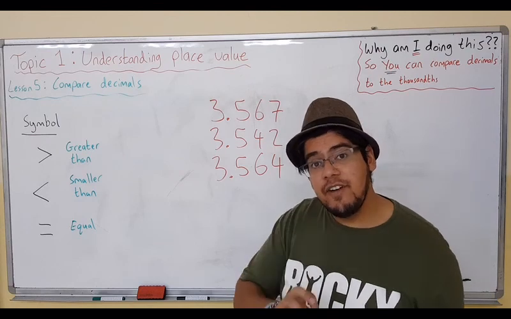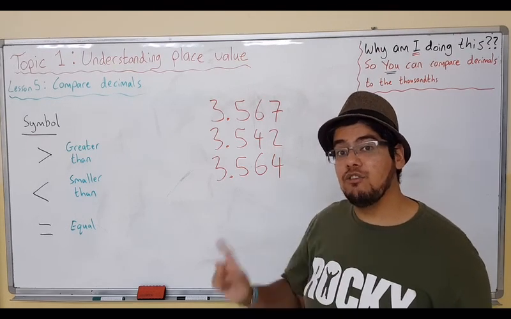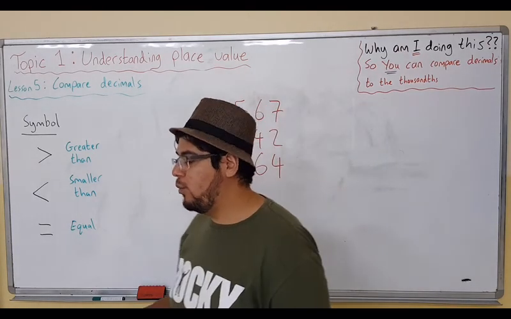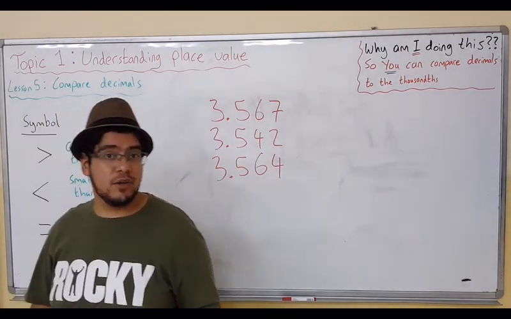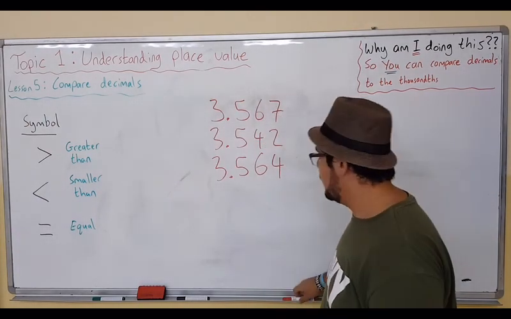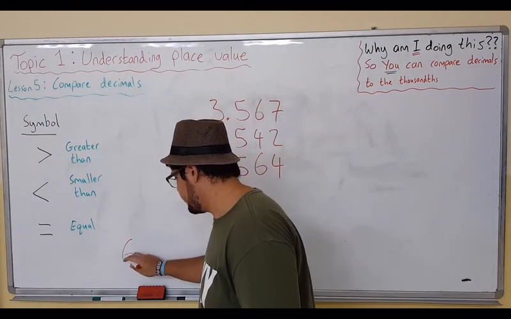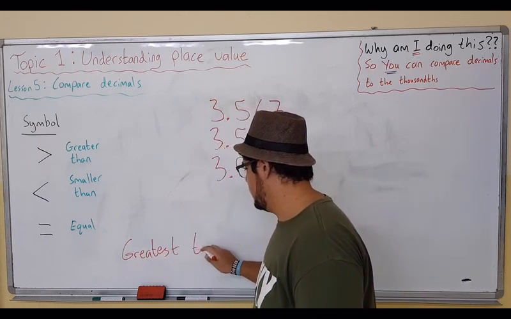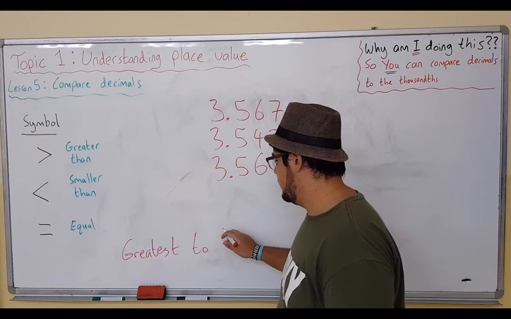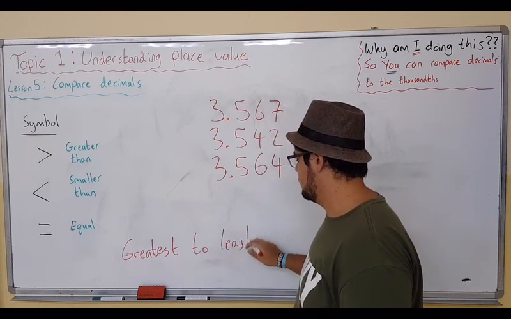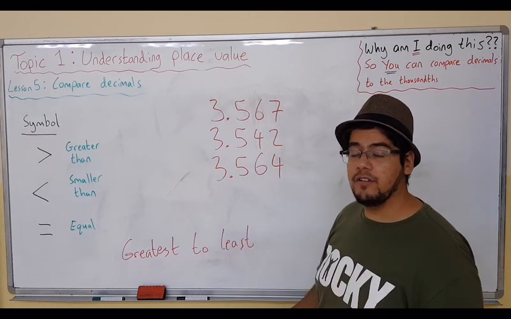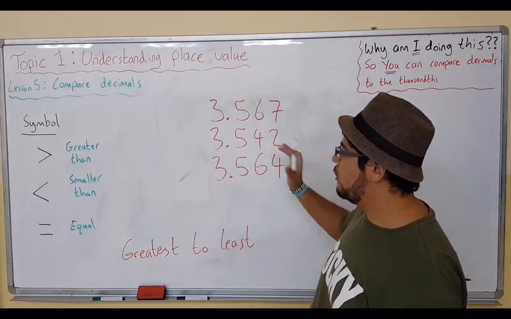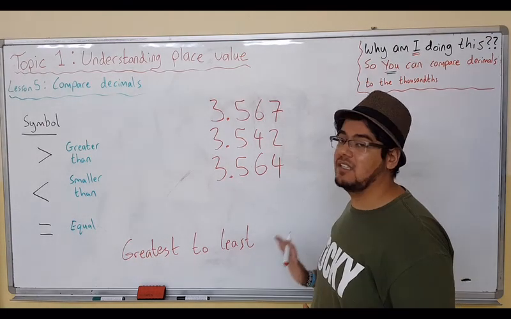Or, and be very, very careful, least to greatest. You have to be very careful which way you're solving these questions. So for this one, I'll write it here: greatest to least. Least is another way of saying smaller than or less than, okay? So we're going to order them greatest to least.